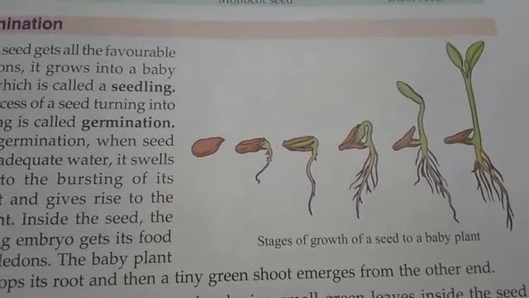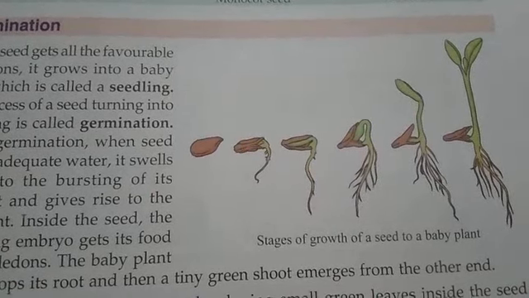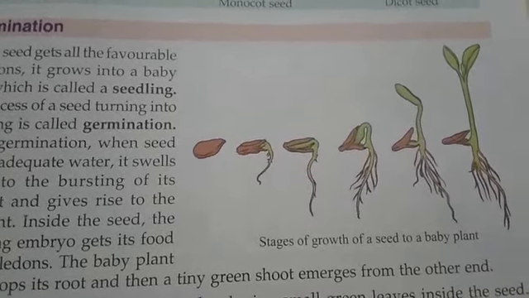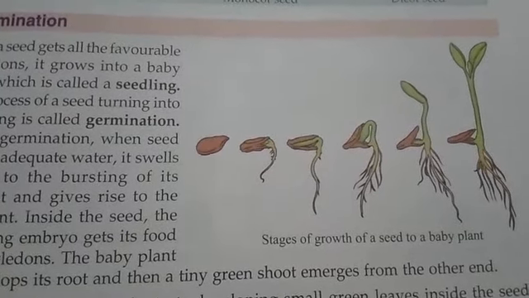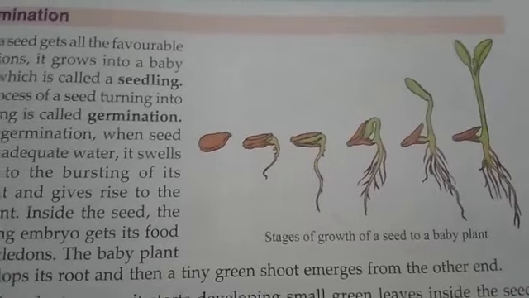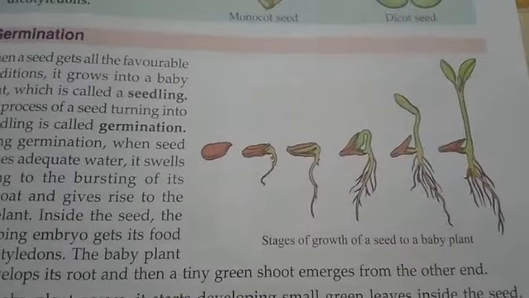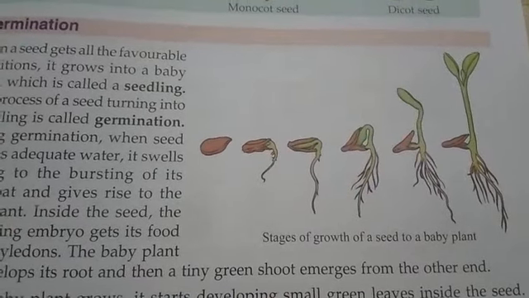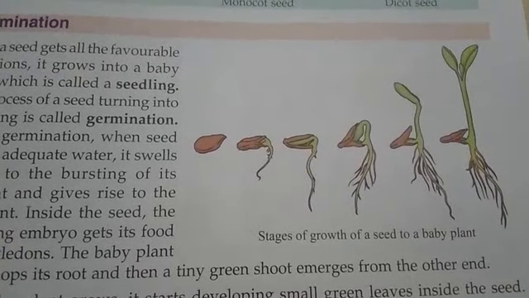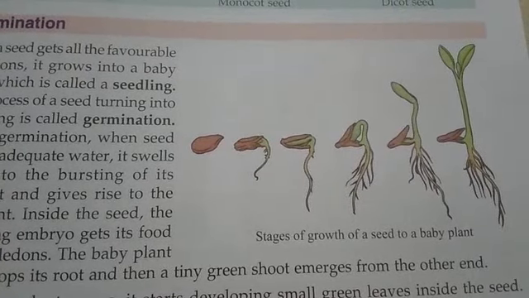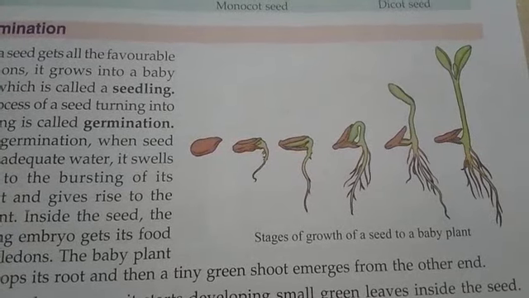As the baby plant grows, it starts developing small green leaves inside the seed, and the growing hook-shaped shoot straightens out and pushes the cotyledons above the ground. Gradually, the shoot elongates to form a proper stem, and its leaves unfold, eventually falling off the cotyledons. Finally, a mature plant does not show the cotyledons because they shrink and disappear with the growth of the baby plant.